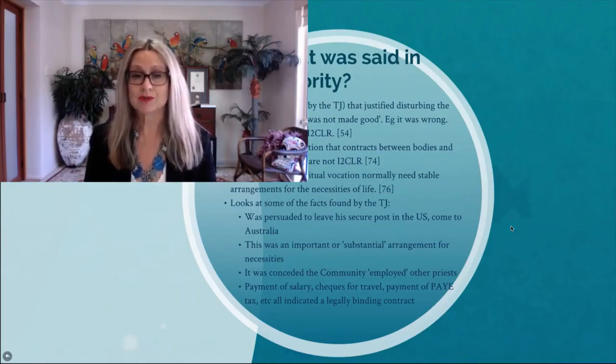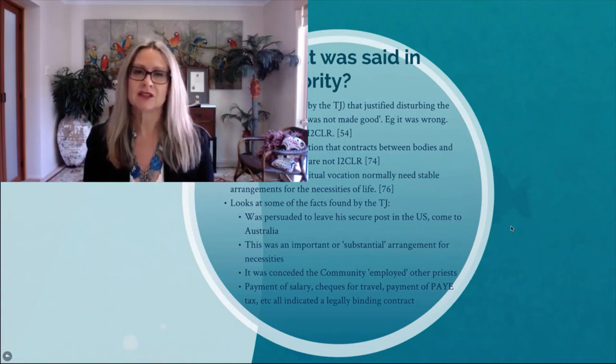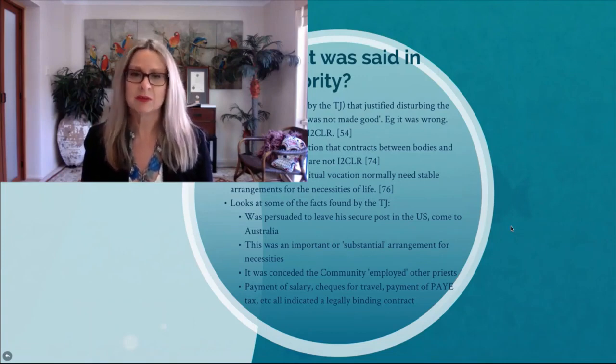That was an important or substantial arrangement for necessities. And Kirby had just finished saying, well, even if you're a minister, you're still going to need some security around arrangements for your necessities of life. So when you're undertaking a major decision like moving countries for your employment or for your calling as a minister, then there may well be intention to create legal relations.